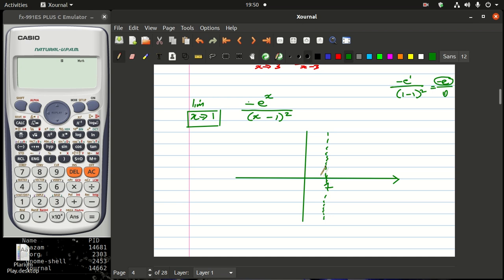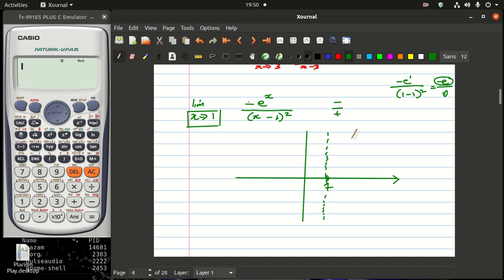And then once you get there, you choose a value on the right and plug it in. So if I'm plugging a value here on the right of 1, I will still get e raised to 1, which is a positive number, times a negative, so I'll get a negative in the numerator. And if I'm plugging a value on the right of 1, that value minus 1 squared, I will end up with a positive in the denominator.